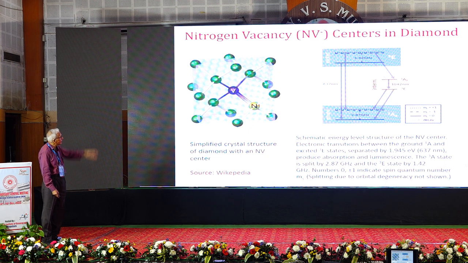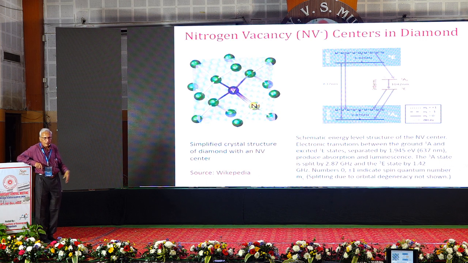Okay, and then there are excited states, and there are optical transitions. And there's a very interesting thing you can do. So using light, there are lots of decay channels. The separation between those ground state multiplets is very small, 2.87 gigahertz. So at room temperature normally, all the different spin configurations are equally likely.